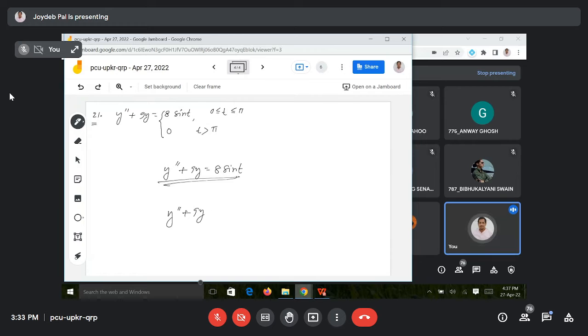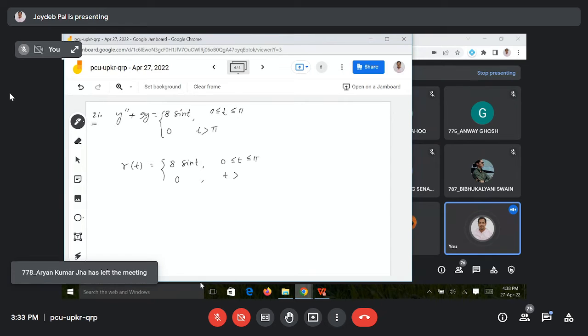So what you have to do, you see, if the right hand side function is defined in a finite interval or it is piecewise, in that case it should be expressed in terms of the Heaviside function. You can express it, right? I'm writing R(t), which is 8 sin t in the interval 0 to pi and 0 whenever t is greater than pi.